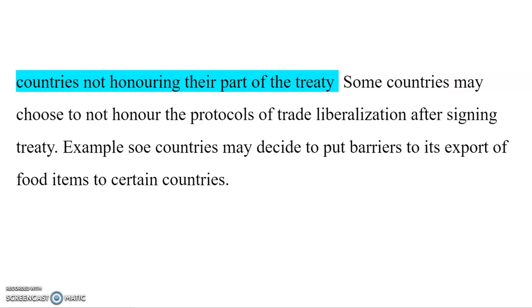And we know that this would be a violation of the treaty of trade liberalization because when we speak of trade liberalization, we are talking about the removal of any barriers to trade. So if a country decides to put barriers to its exports of food and drinks, that would definitely be a violation of trade liberalization.